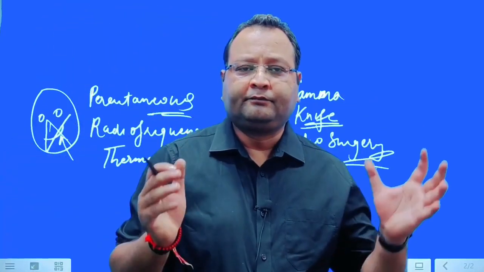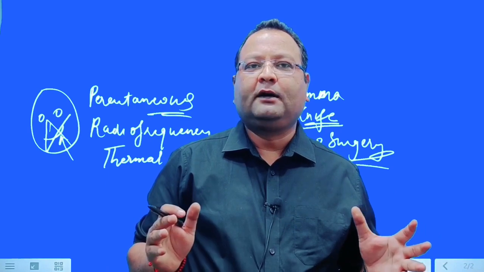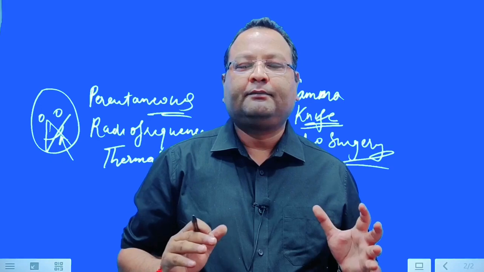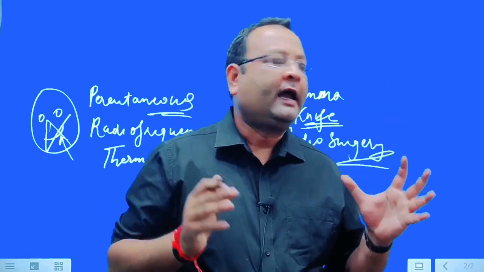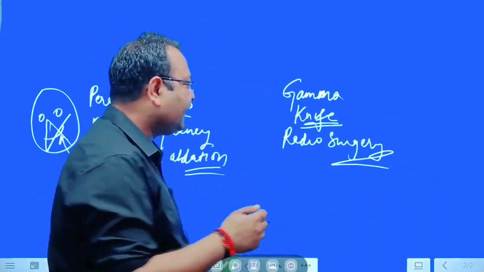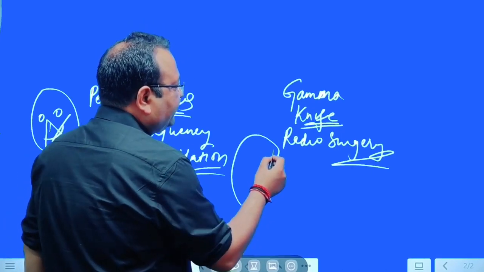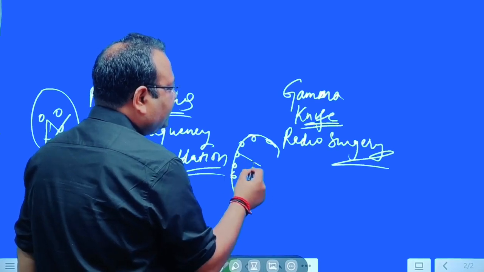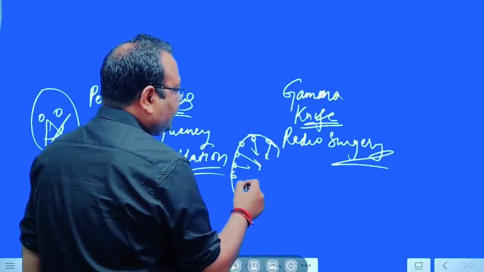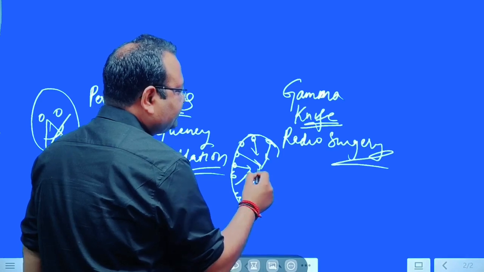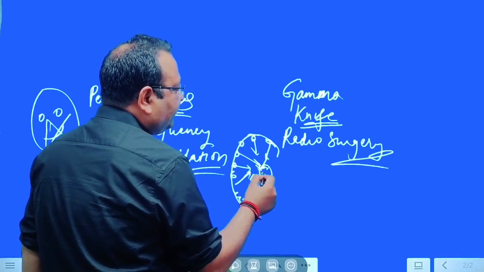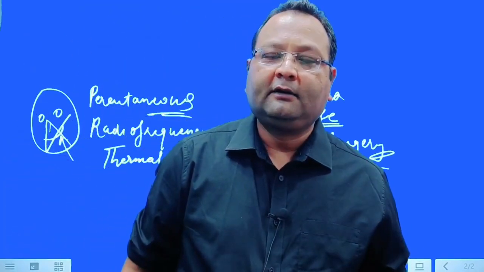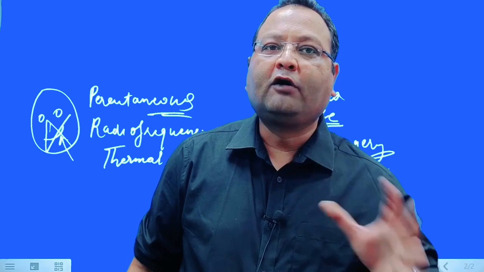You will put the patient in a closed chamber and make him sit, and you will place a helmet sort of thing, which contains radionuclide substances. These substances will produce radiations, and these radiations will target the ganglion and burn it, or inhibit it, or make it non-functional.